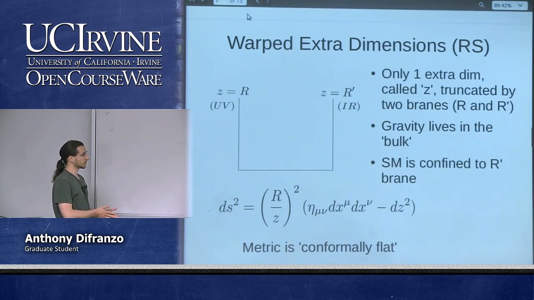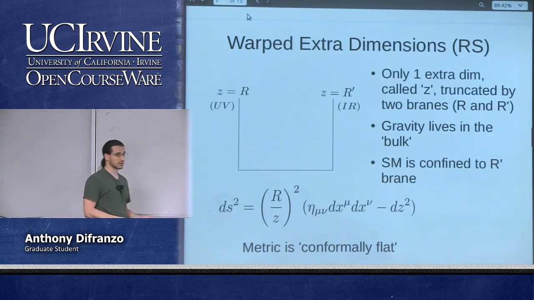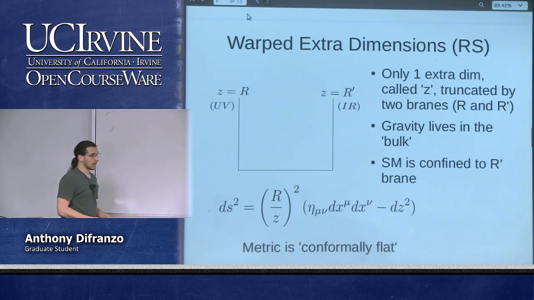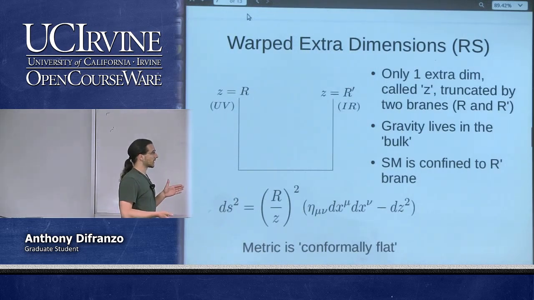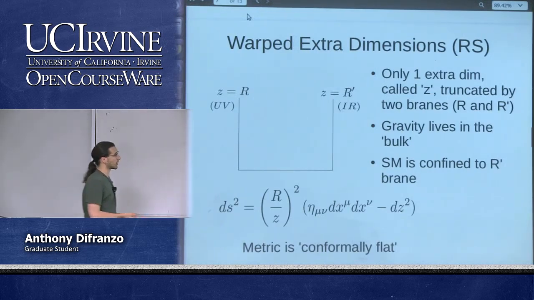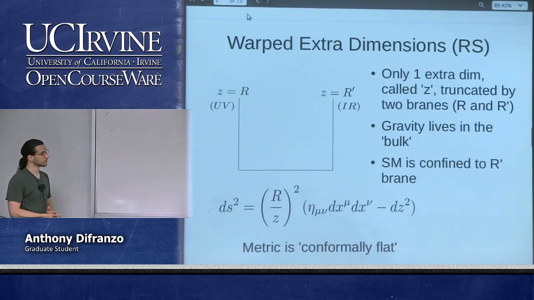So how this works is you only need 1 extra dimension, which is kind of nice. Here we're going to call it z. And it doesn't extend out to infinity. It is truncated between 2 branes, one at z equals R and the other at R prime, or UV and IR.